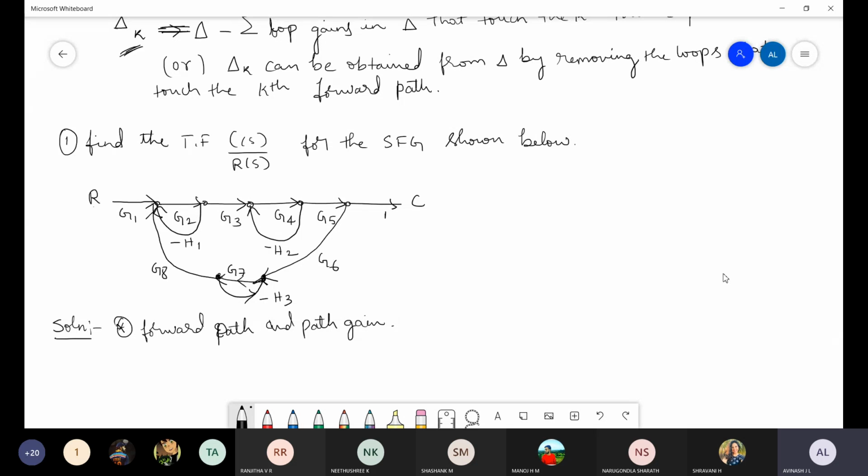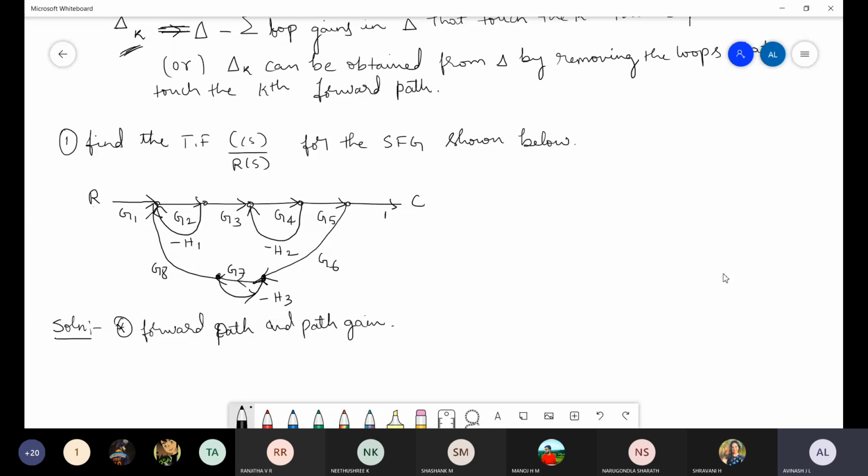The direction should not get affected, and we should not go through any node twice. So from R I can go like this: G1, G2, G3, G4, G5 and 1. So this way I can go and reach the C, correct?